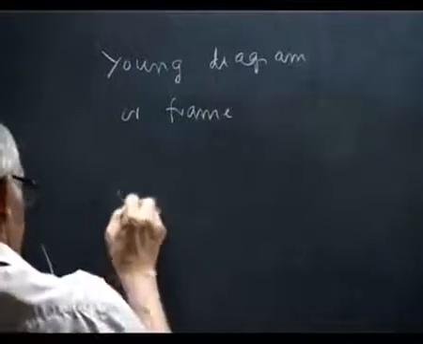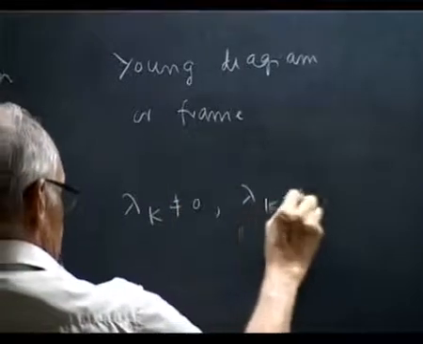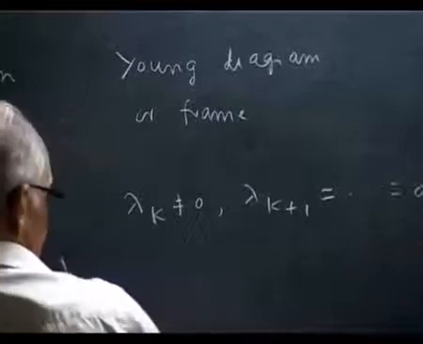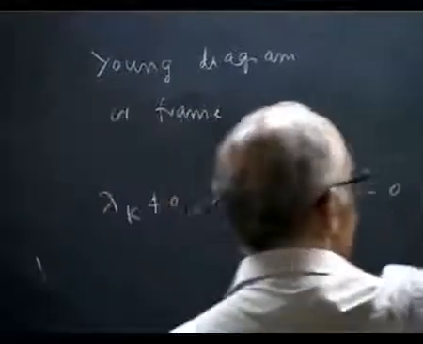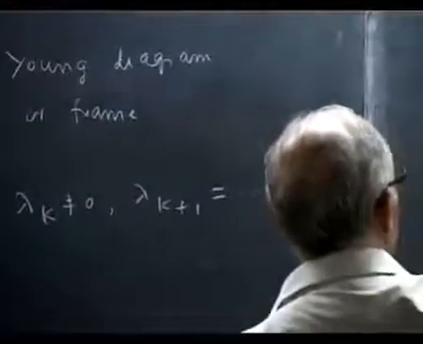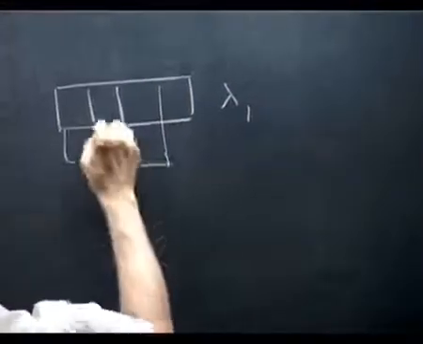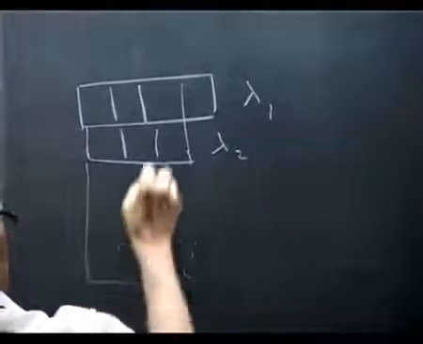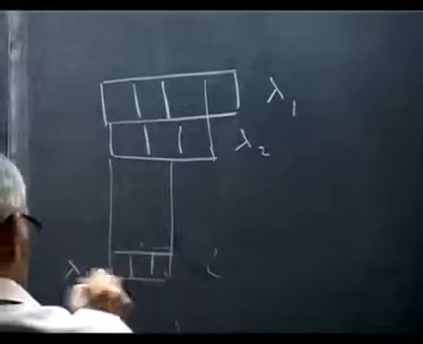If lambda k is not 0, but lambda k plus 1 is equal to 0, we draw the diagram of depth k, that is you have lambda 1 boxes, then you have lambda 2 boxes up to lambda k boxes, and you stop here.